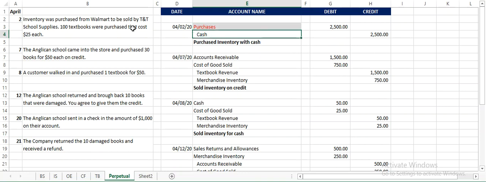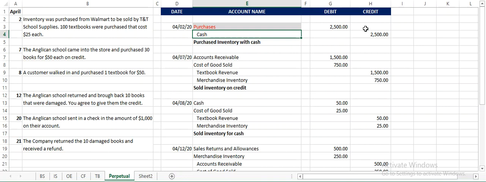So there is no merchandise inventory underneath the periodic method. There's just an account called purchases, and that account stores the value of all of the inventory assets that we purchase. Purchases is an asset account, just like merchandise inventory. So the same way merchandise inventory is affected, the purchases account is also affected.